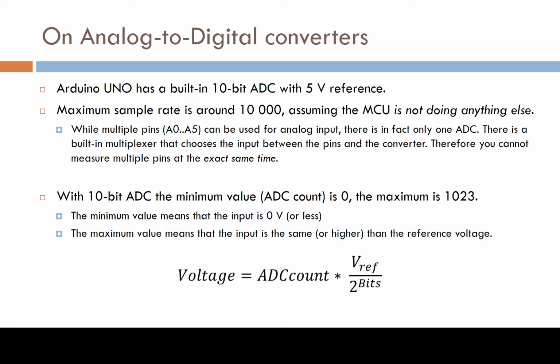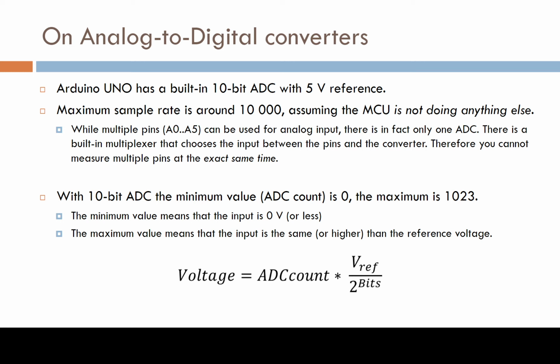So there's a single A2D converter, but there are 6 pins you can use as analog input. And you choose that signal by basically setting a multiplexer.